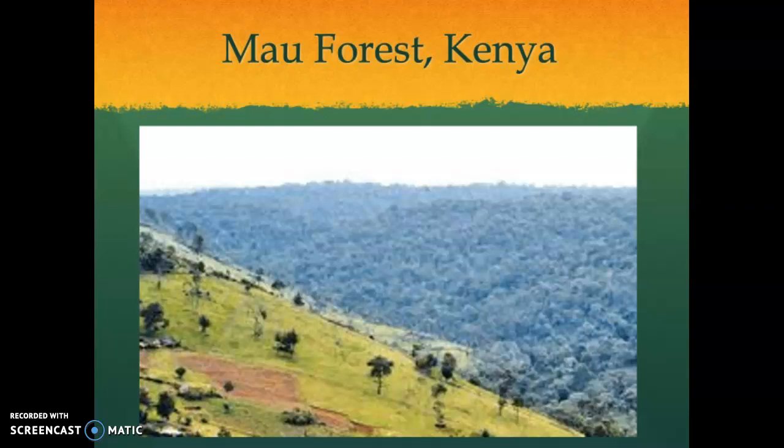So they set up these makeshift communities on the edge of the forest where they are living in terrible conditions. So it's a human rights issue that is really pertinent today.